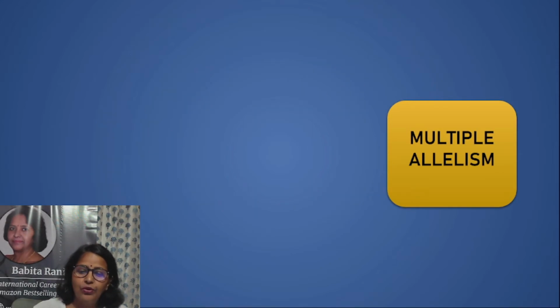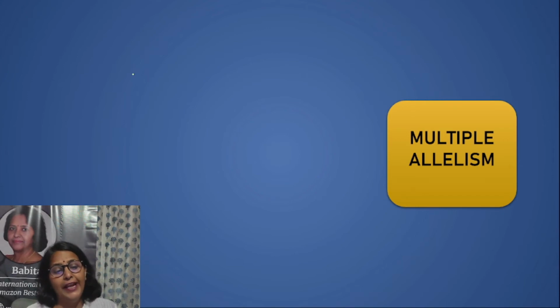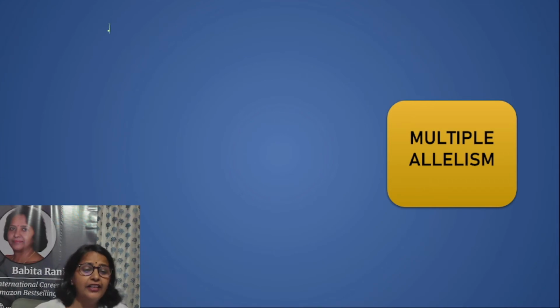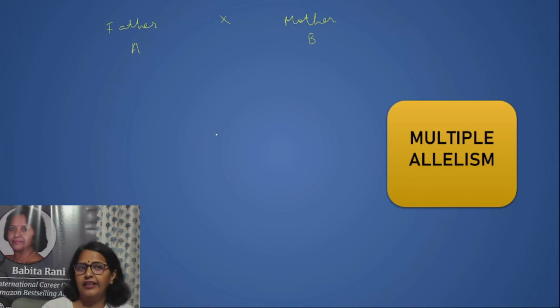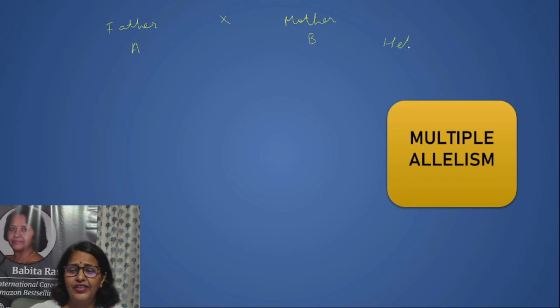Can we find out the parent if blood group is given? Suppose father has blood group A and mother has blood group B. If in a question it is written that father has blood group A, we have to take heterozygous condition.